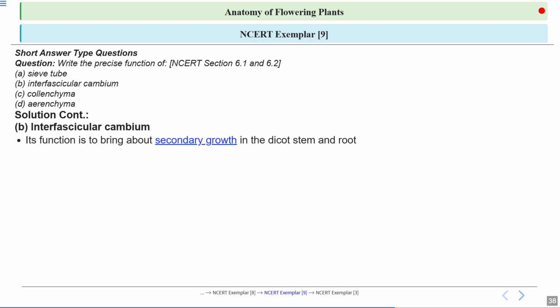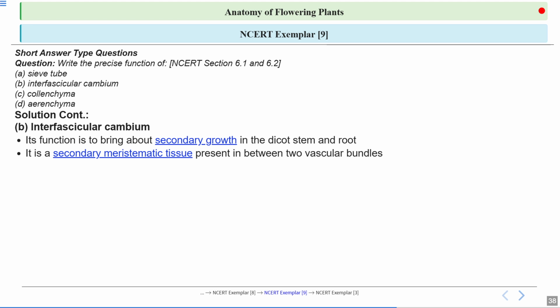Next is interfascicular cambium. Let us see its function. Its function is to bring about secondary growth in the dicot stem and root. Yes, we have seen just now that two types of cambium are there, interfascicular and intrafascicular cambium. They are related to secondary growth in the dicot stem and root, because monocots do not have any cambium, so we see no secondary growth in monocot plants, right?